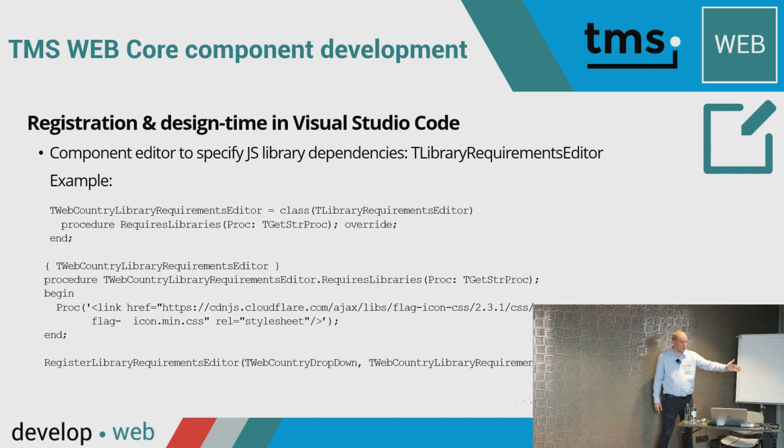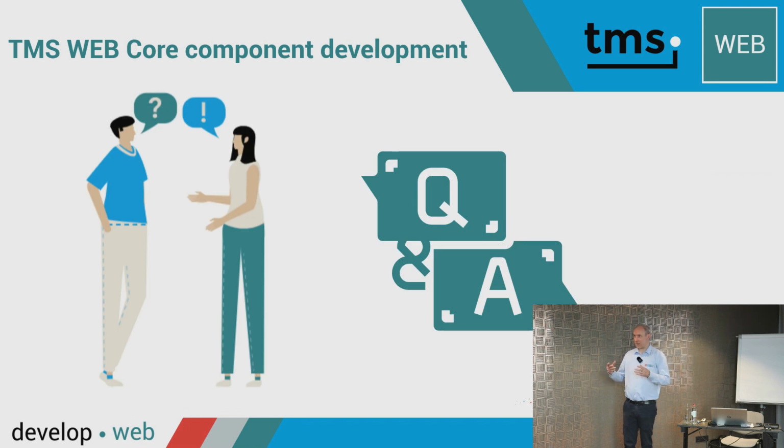And then finally you register that requirements editor with your component class. And that is what Visual Studio will look at: what kind of design time editors for the requirements libraries do I have registered? When this type of control is dropped on the form, it will automatically insert the references to your project HTML file.